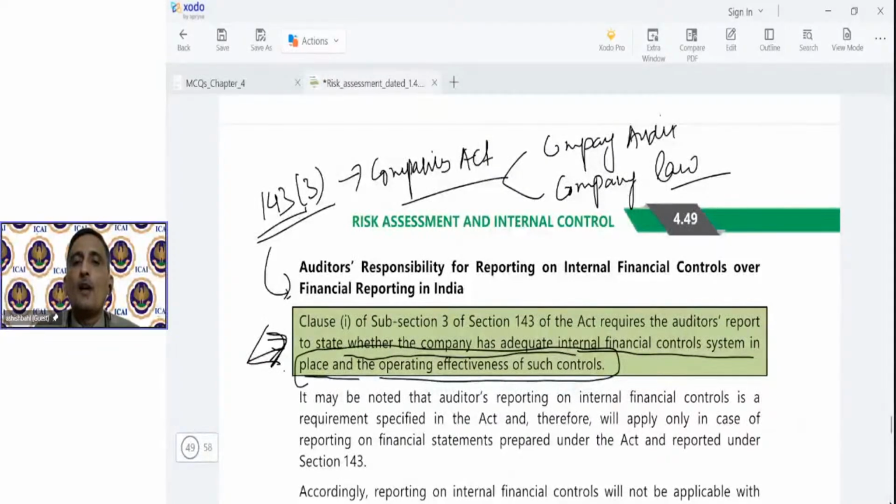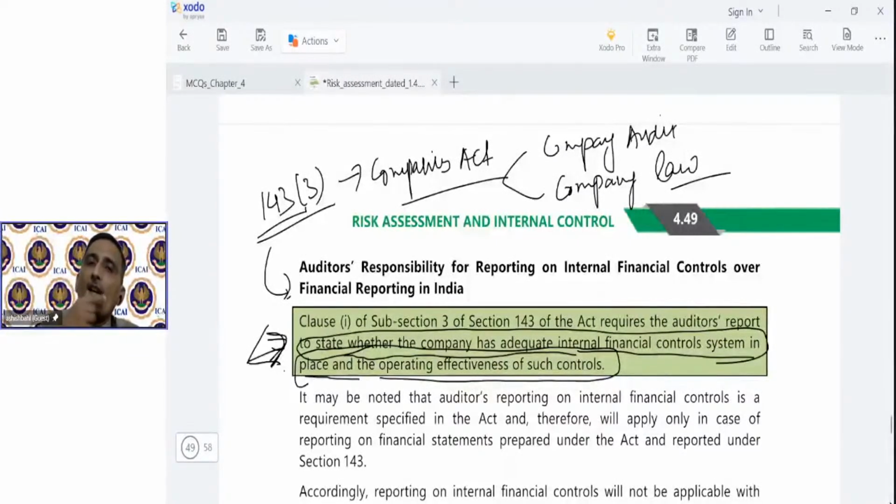So you have to remember only this much. These two lines you have to remember. What you have to remember in this topic is the meaning of internal financial control, as per law definition section 134 subsection 5 clause E. And what is auditor's responsibility in this regard?